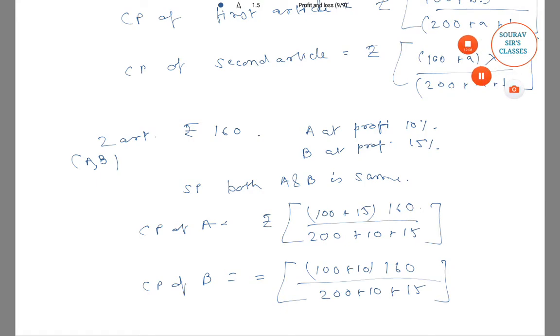So CP of A is approximately rupees 81.78 and CP of B is rupees 78.22.